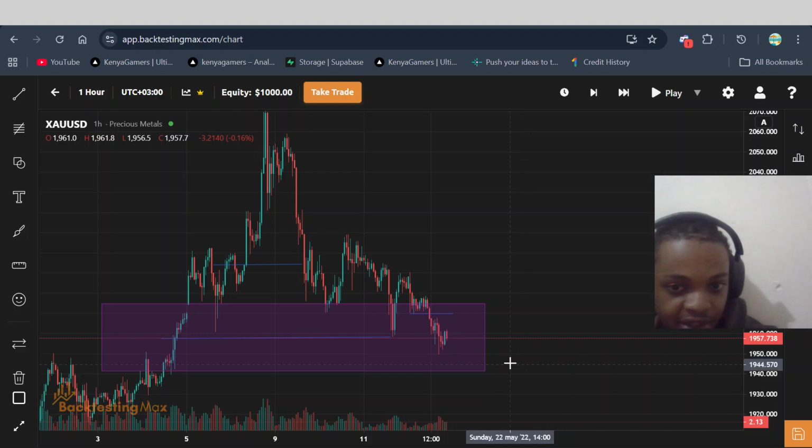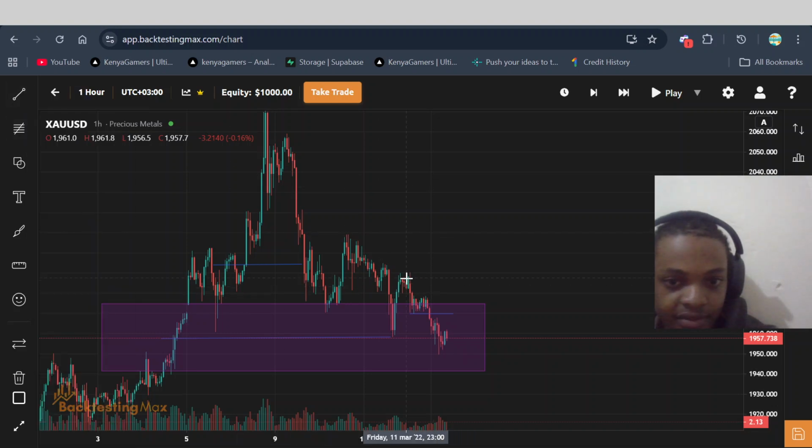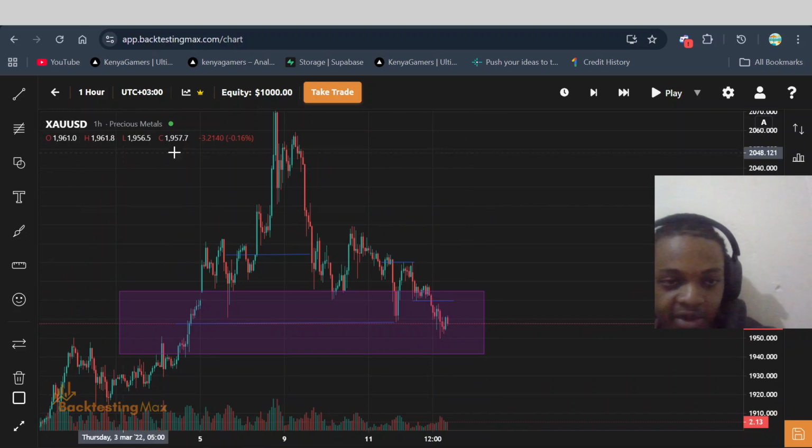On the 1 hour chart, so high, low, lower high, lower low, change of character, change of character there, so high, low, lower high, low, lower high, low. So as you can see, it's still going down.